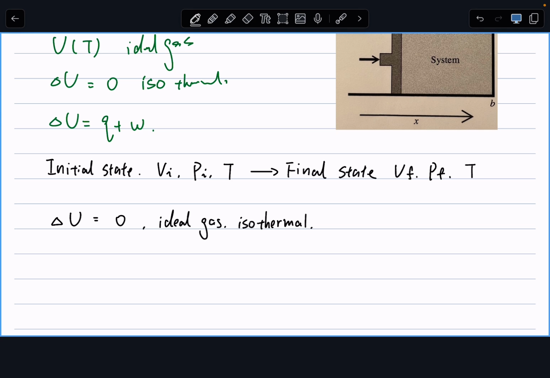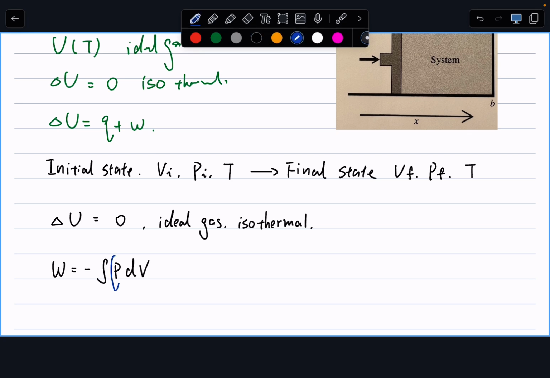We also have our reversible work. Because it's reversible PV work, we can use W reversible equals negative integral of PdV to solve for the work done in the isothermal expansion. Since we're looking at the ideal gas law, pressure equals nRT over volume.